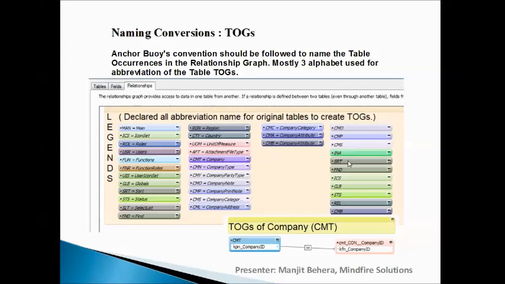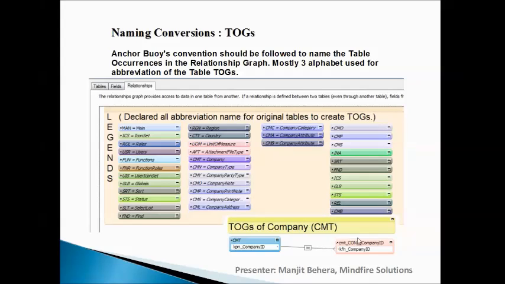These are the TOGs that we are having, like SRT equal to sort. This is the notation that we are using this TOG for this table, this TOG for this table. These are the legends, and these are pure TOGs, that is FND for find, ICS for icon set, STS for status, REL for real.